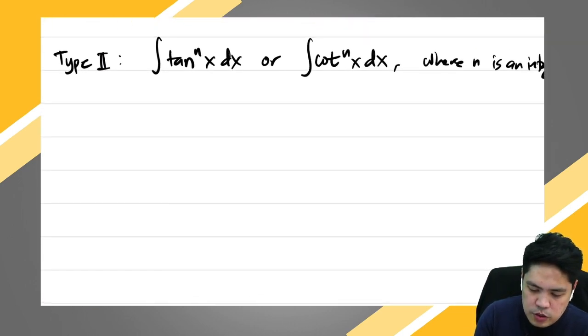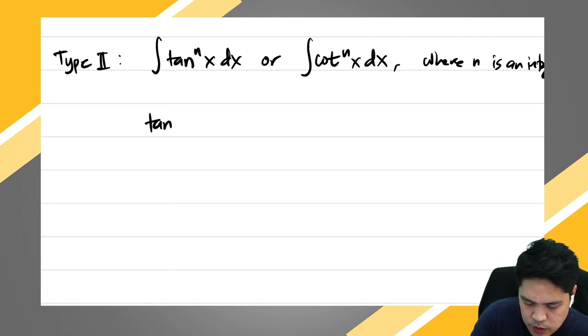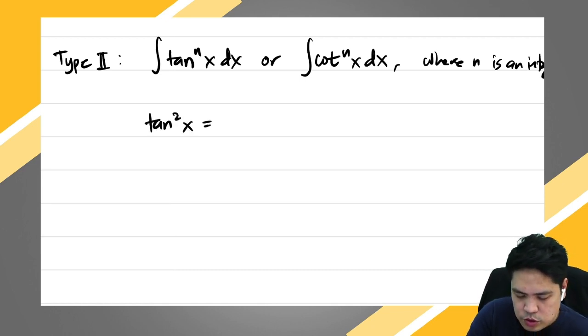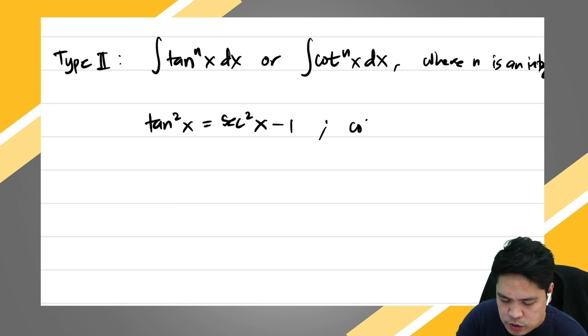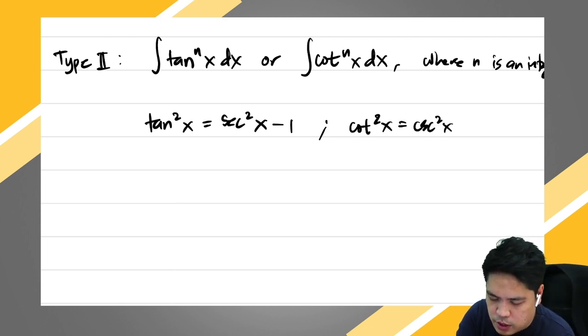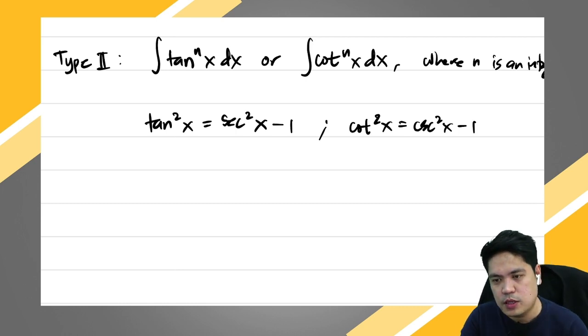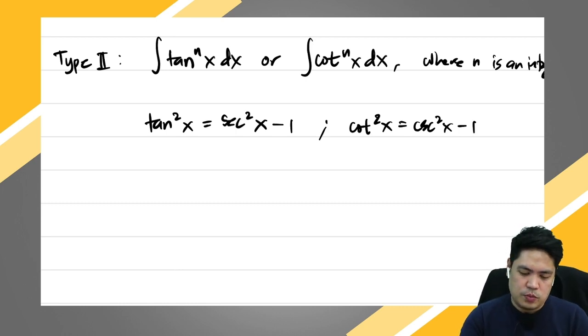So by this, gamit ulit tayo ng Pythagorean identity. We know that tangent squared x is equal to secant squared x minus 1. And of course, cotangent squared x is equal to cosecant squared x minus 1. So, those identities will be useful.